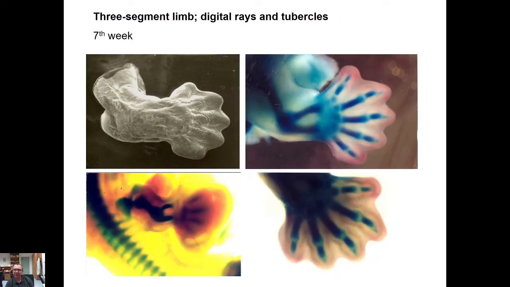Here is the 7th week, and you can see that the former axopod has got this angle here. It is the area where the elbow or knee is. It depends on the extremity. And now this proximal part of the axopod will be called stylopod or stylopodium, and this middle part is now zeugopod.